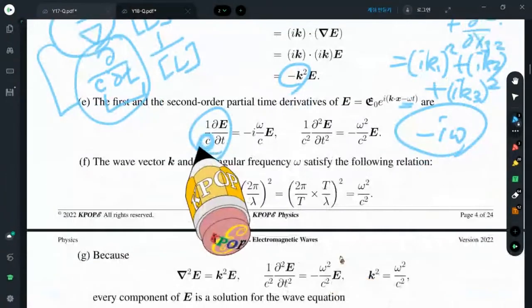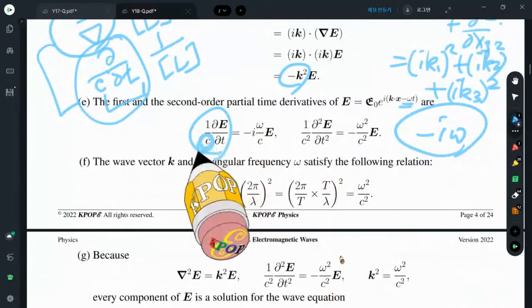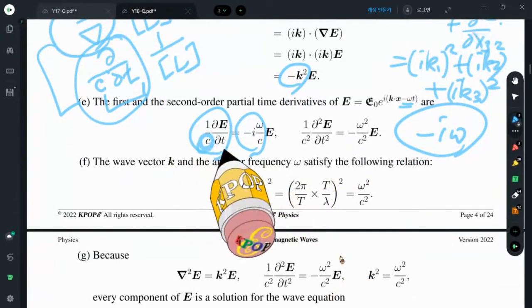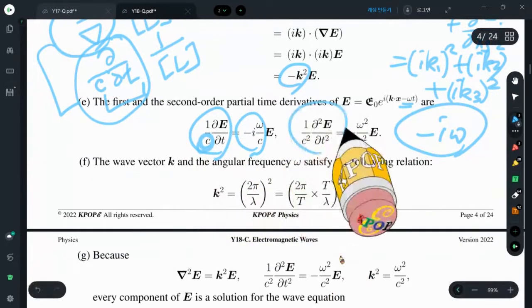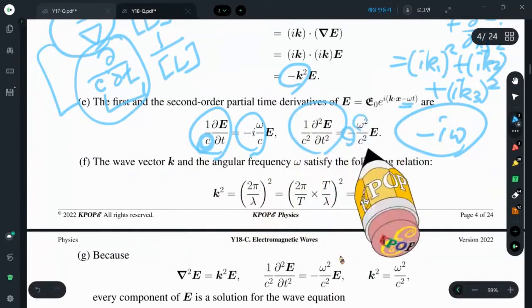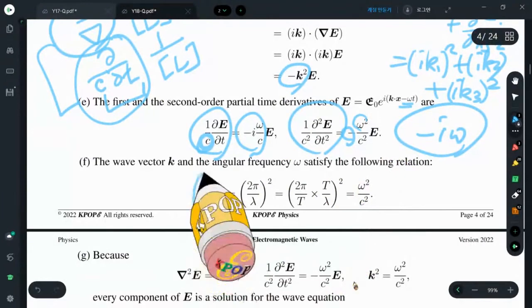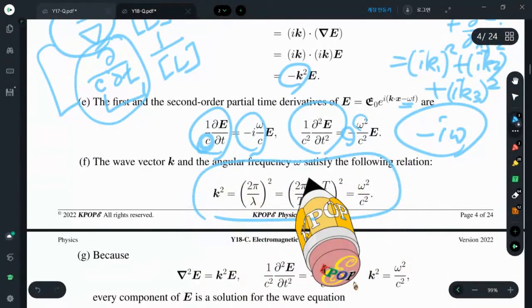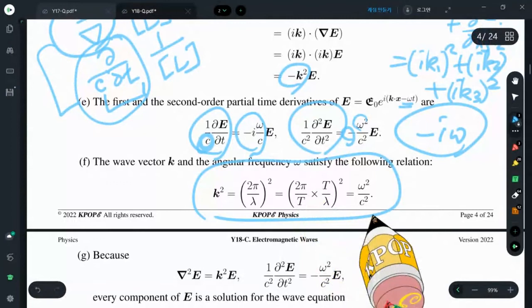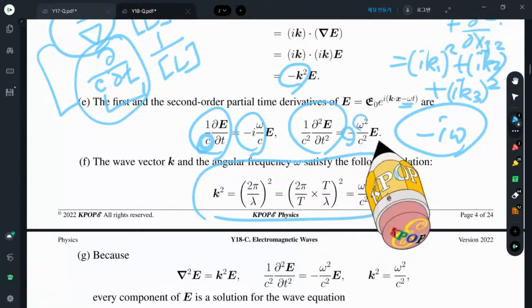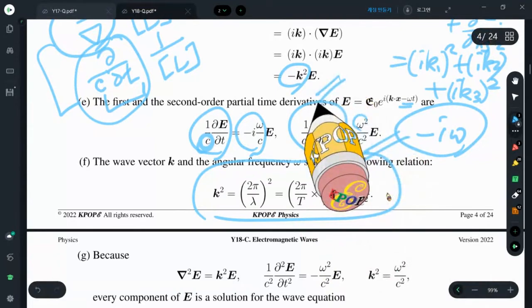So using this way, the time derivative with the c will give this factor. And if I do it twice, I have minus omega squared over c squared. We know this one very well from the previous calculation with the wave number. So let me copy this result and this result.